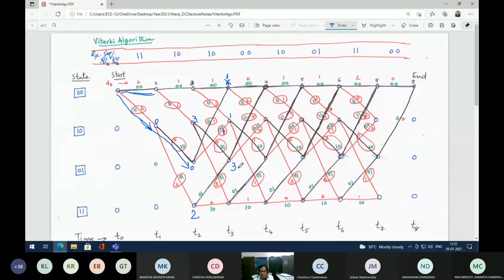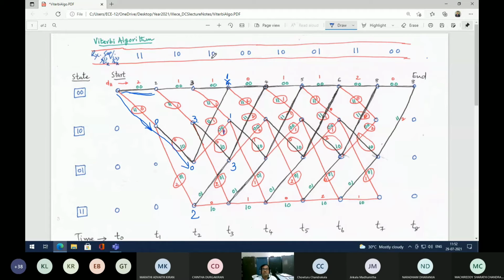Indicate the minimum Hamming distance at this particular node. At every node, find out what is the minimum Hamming distance. When you are having different routes, please find out from the different routes which has the minimum value, and you have to take that. So what is the Hamming distance? You take this and this one, because I am moving from T2 to T3. So this is T0, T1, T2.